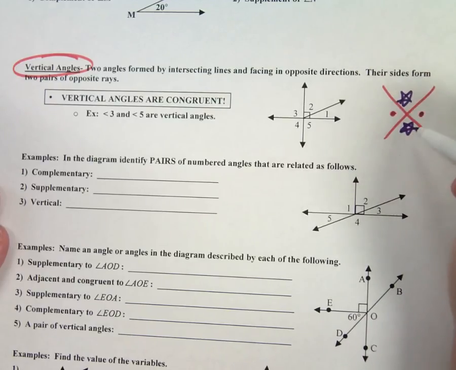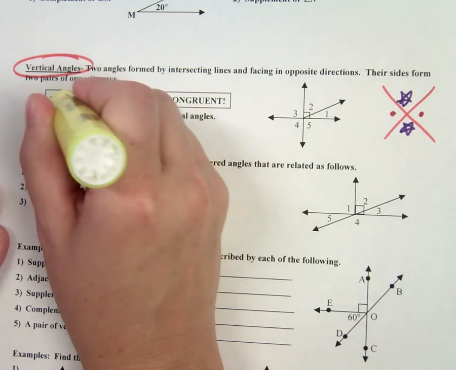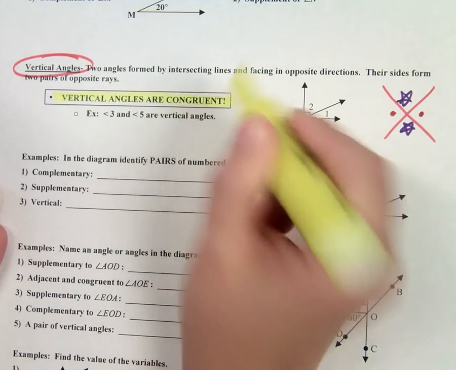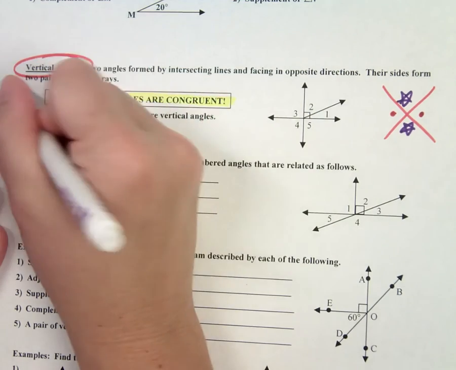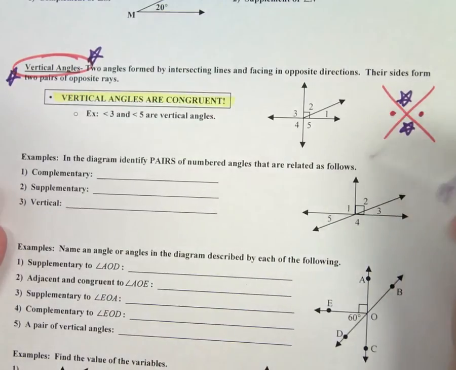They're across from each other when two lines form an X. And one thing that's special about vertical angles is that vertical angles are always congruent. We will use this over and over again within this class. So whenever you have lines that form an X, angles across from each other are vertical, so they're congruent.